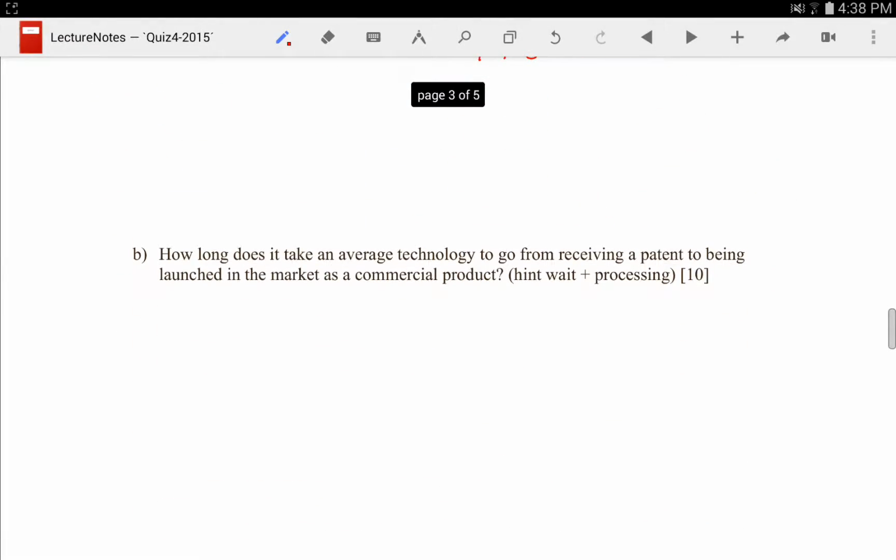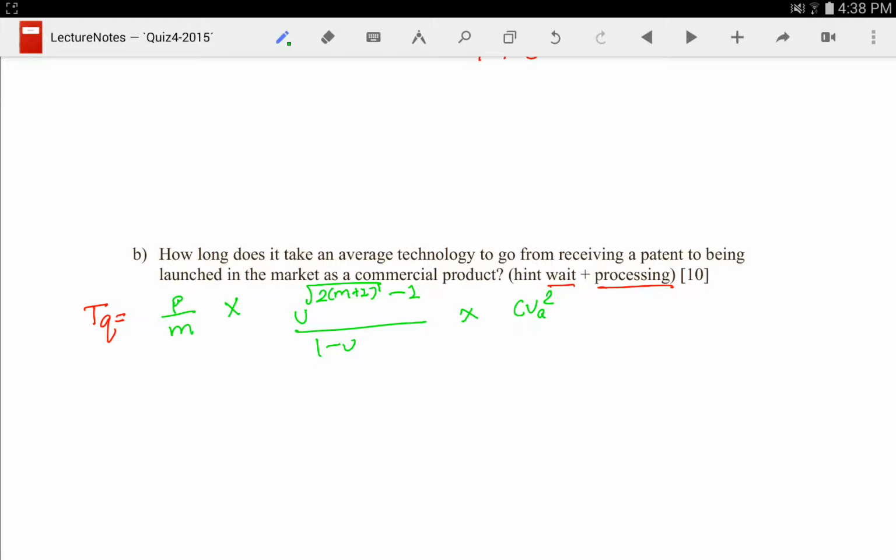The next question again asks you wait plus processing. So let's find the wait first, TQ. This is a multi-server system, so we have to use the more difficult formula: P over M times U raised to the power of the square root of 2M plus 1 minus 1, divided by 1 minus U, times (CVA square plus CVP square) divided by 2.